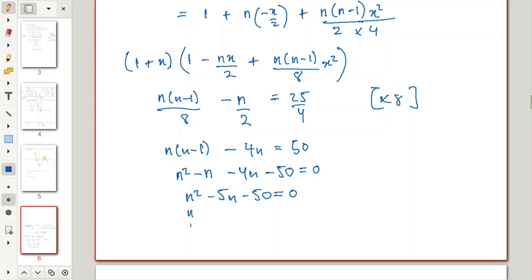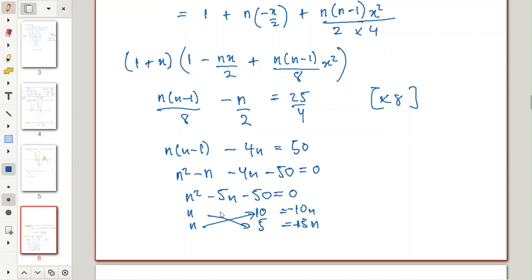So when I solve this, n times n will give me n squared. Let's do 10 times 5. What can I do to this 2 to get the middle term here? When it's minus and plus, I get negative 5n.